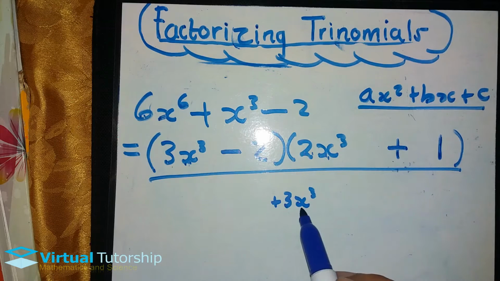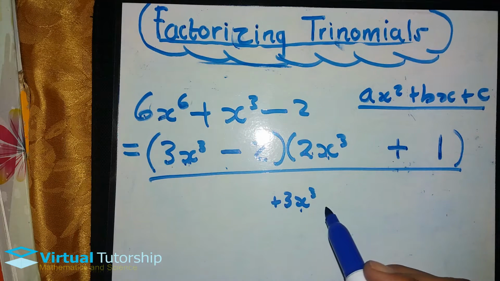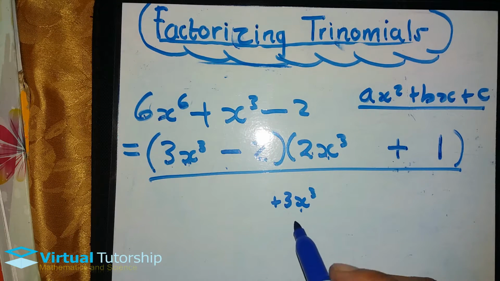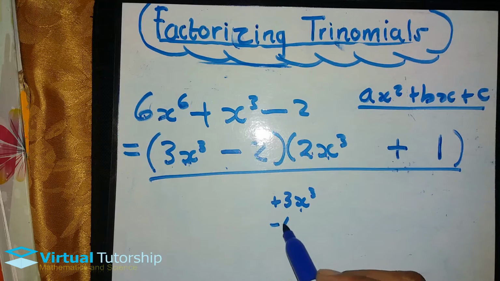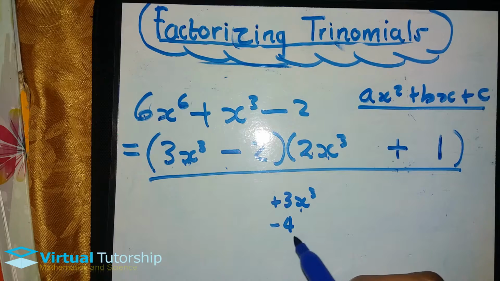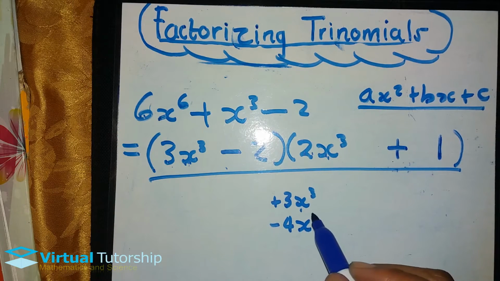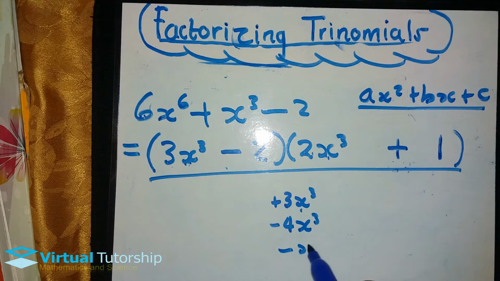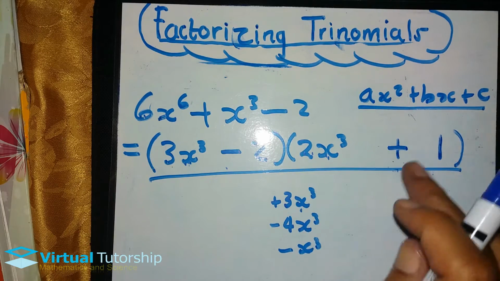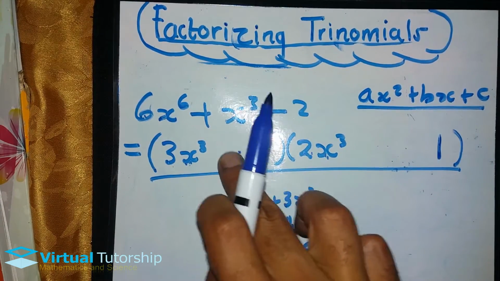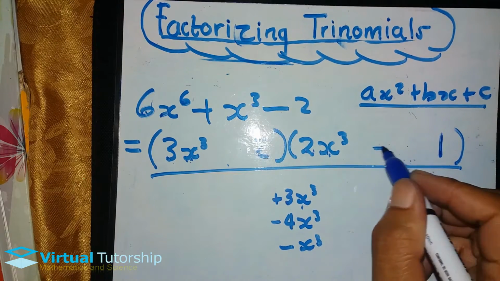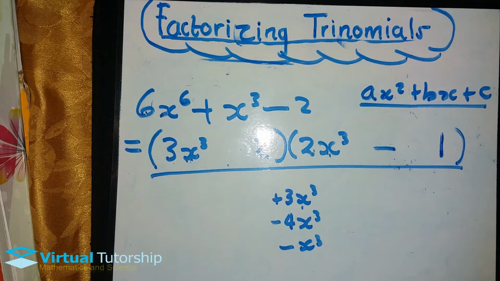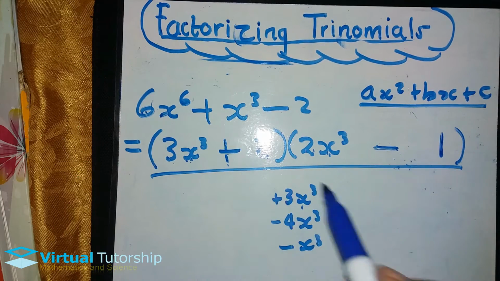This multiply that ngithola le minus 2 times 2x cubed ngithola a minus 4x cubed. So nangi-adda la ngithola a minus x cubed. So kwamele ngiswipe lama signs lawo, yabona? Le kwamele ibe negative. Wait a minute. Yeah, kwamele ibe negative, le ibe a positive.